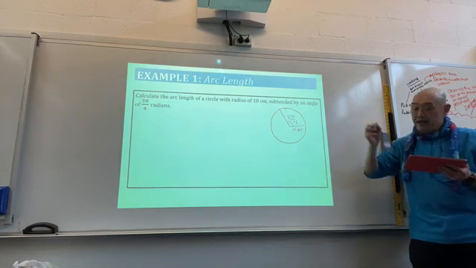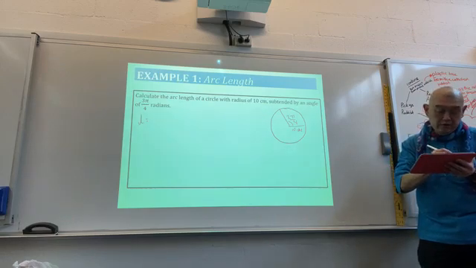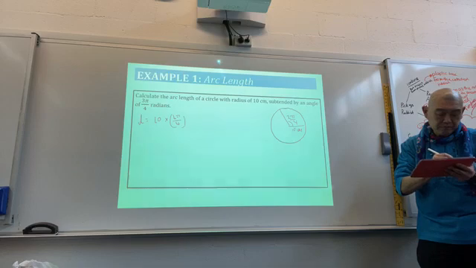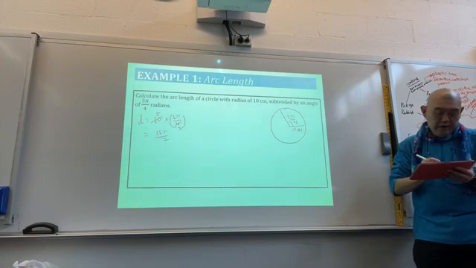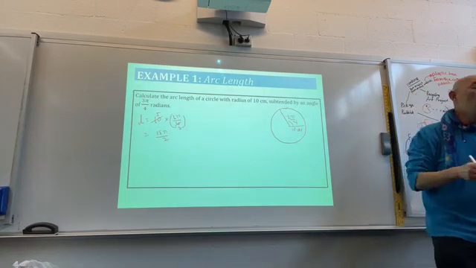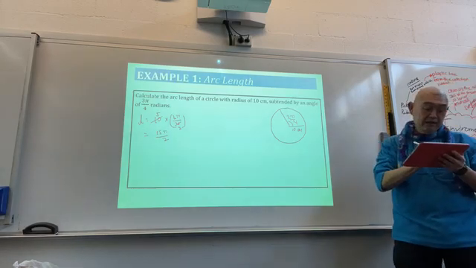So therefore the arc length L equals 10 times 3 pi over 4, which is 15 pi over 2. Make sure that's centimeter.